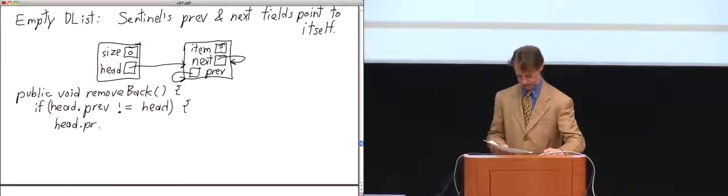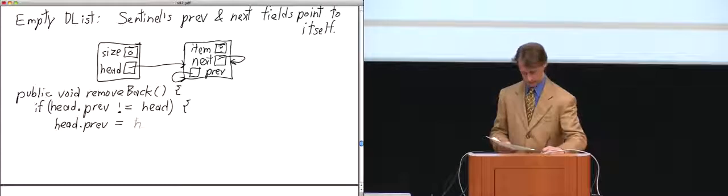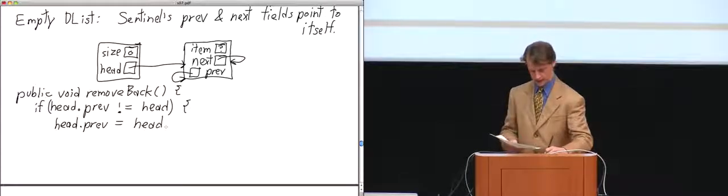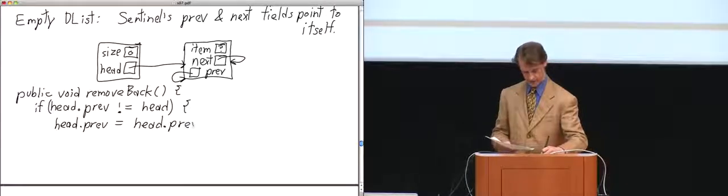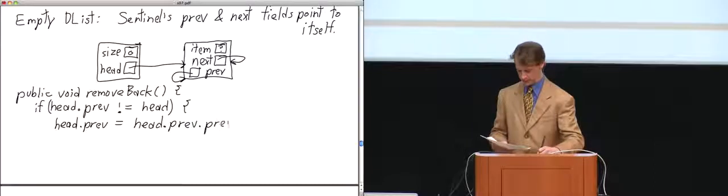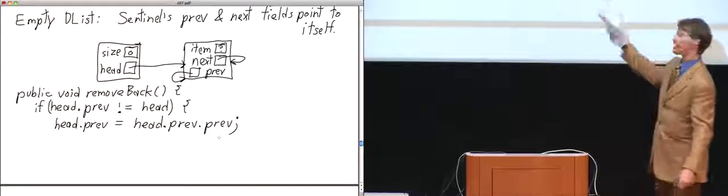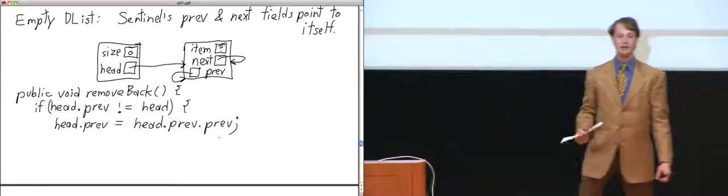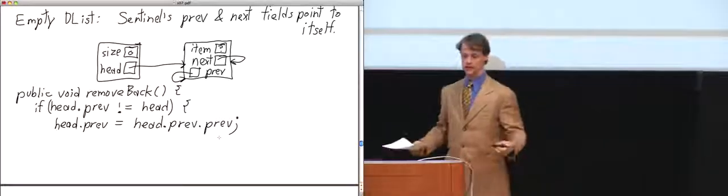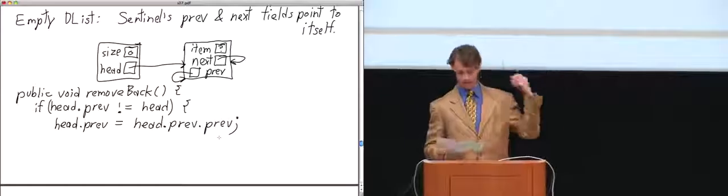And we do it like this. If code like this isn't obvious to you, you should sit down and think about it for a while, because it's important to be able to read things like head.prev.prev and understand what Java is doing when you write lines of code like that.